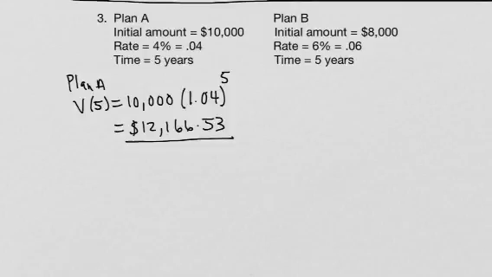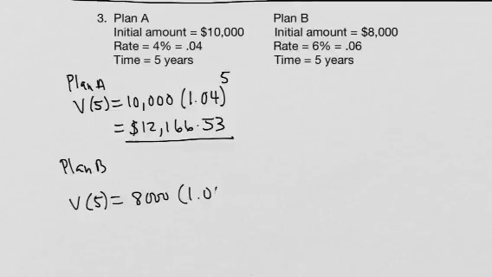For plan B, again after 5 years, so it's V of 5. You start off with $8,000. The rate is 6%, and it's also for 5 years.